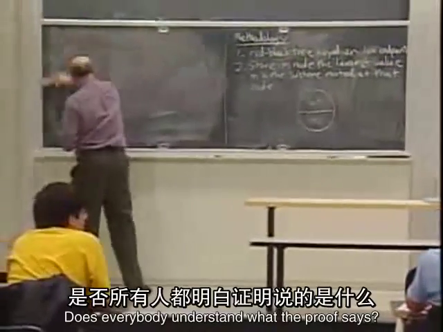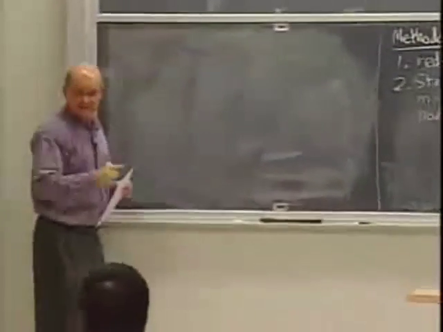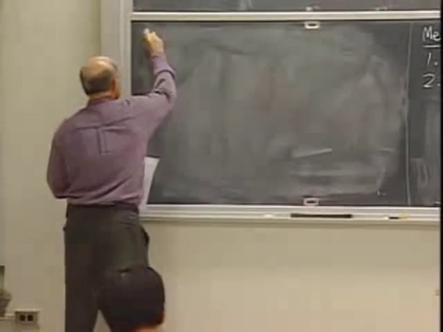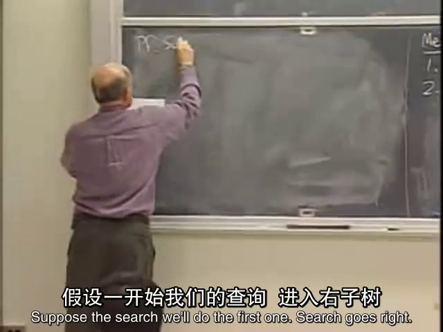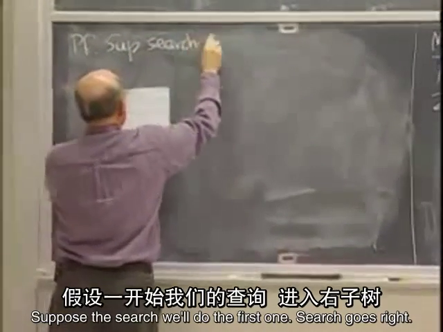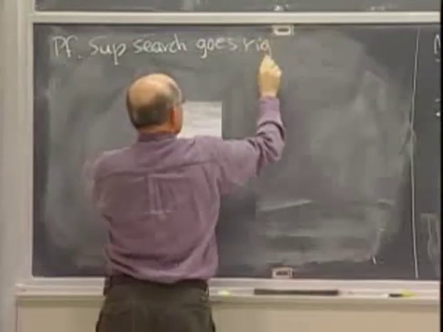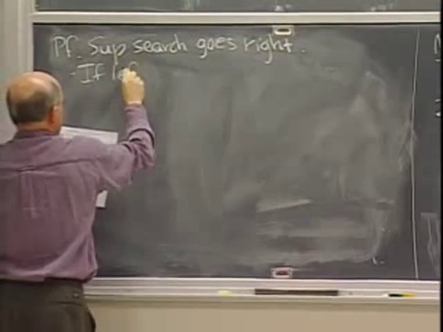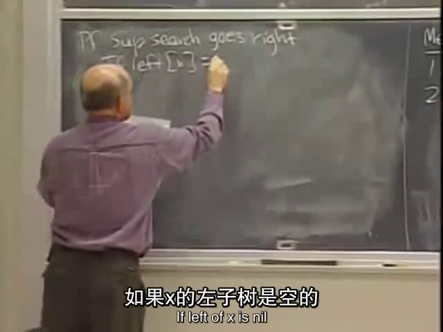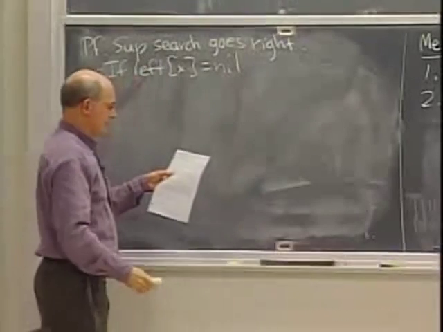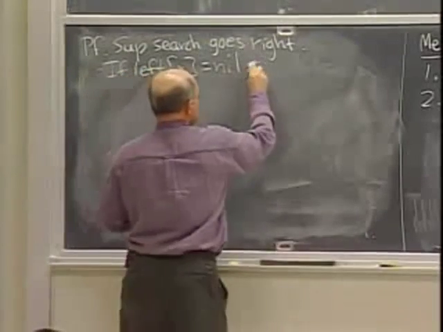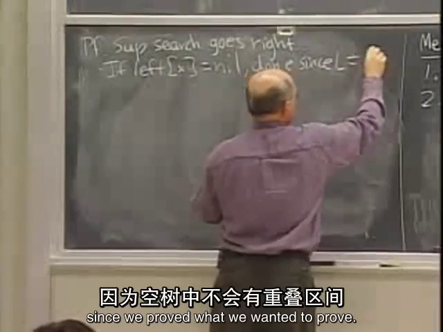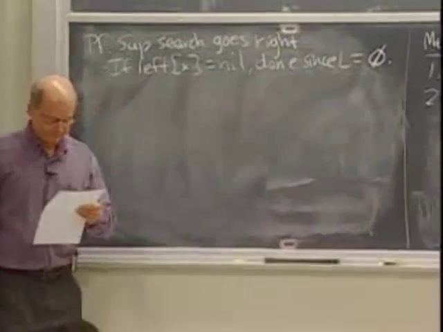So let's do this proof. Does everybody understand what the proof says? Because the understanding of the proof is tricky. It's logic. Logic is tricky. So suppose the search, we'll do the first one, goes right. Okay. So if left of x is nil, then we're done, since we've proved what we want to prove.